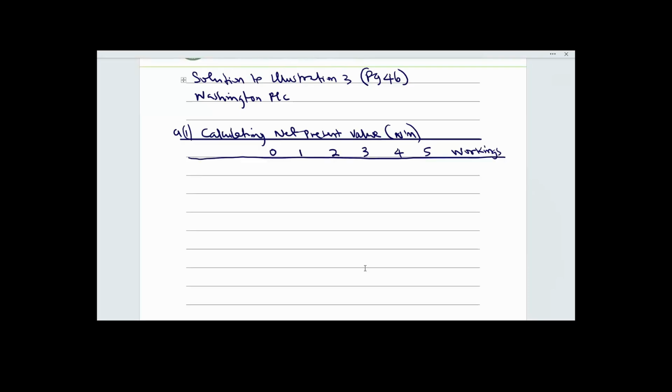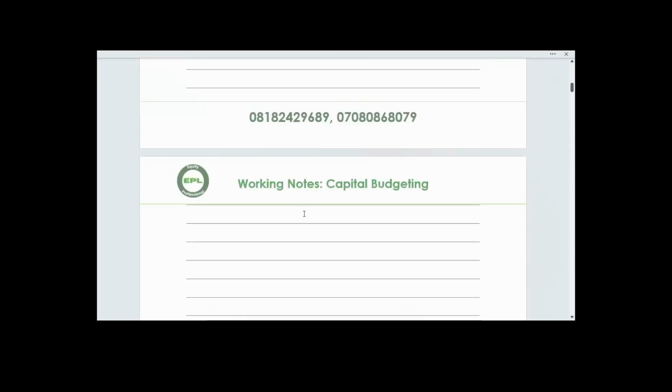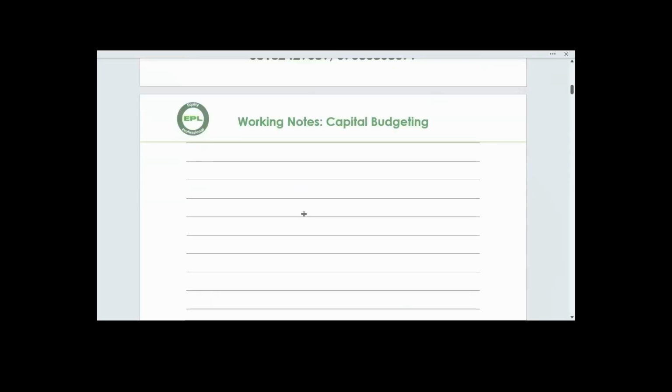Now, the first item based on the format is sales value. So we need to go and determine our sales. Let's say this first page will be for NPV calculation, followed by the internal rate of return and then the discounted payback period.